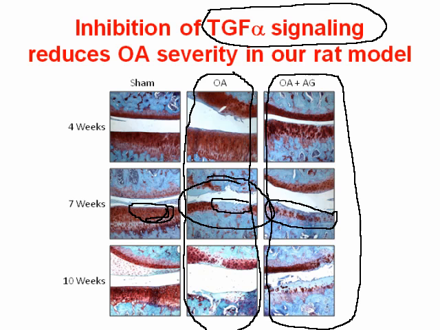There's more red throughout the cartilage, and the surface is a lot smoother. So what that tells us is, if we inhibit TGF-alpha signaling here, then we slow down osteoarthritis progression. It doesn't really stop it completely, but it slows it down.